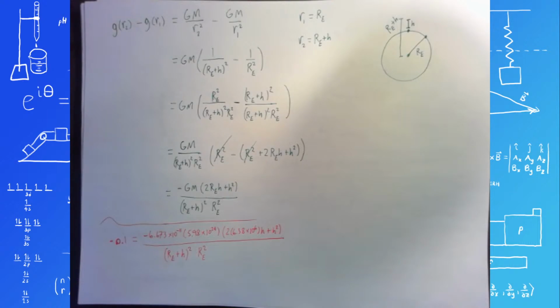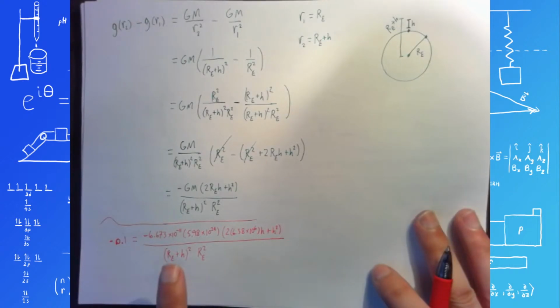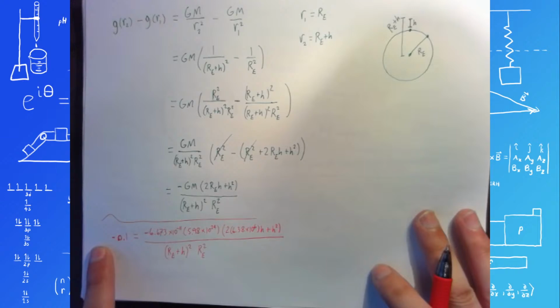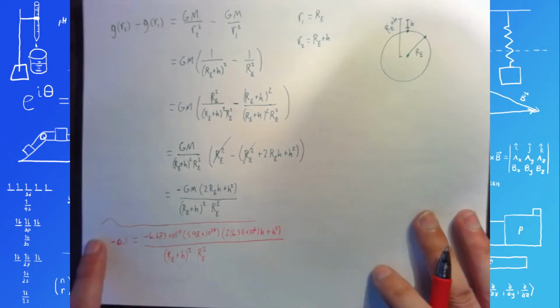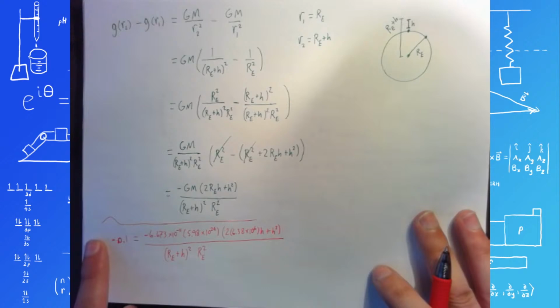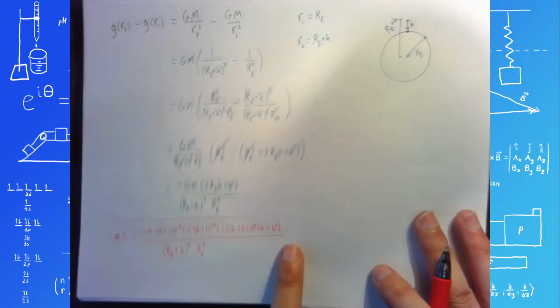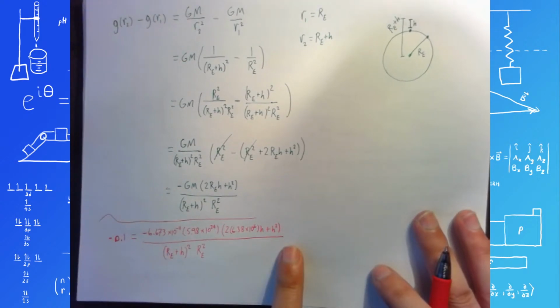Isolating H is going to be a bit of a challenge, so I'm going to have to multiply this over to the left-hand side. And then I'm going to basically have to multiply this stuff and distribute it. And I'm going to have something involving H squared over here, and stuff involving H and stuff involving H squared over here. And am I going to have a constant somewhere out here?